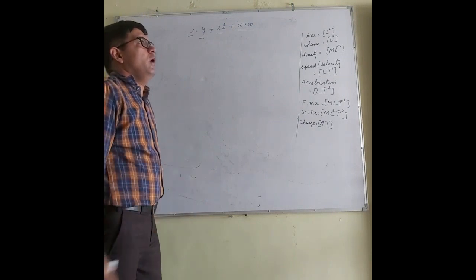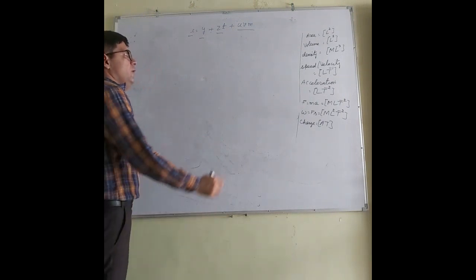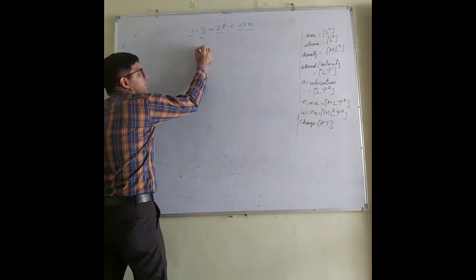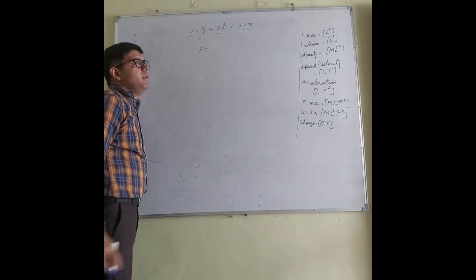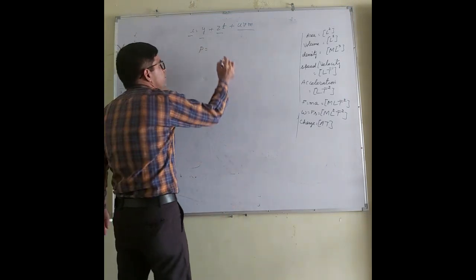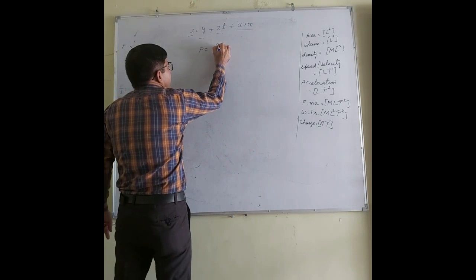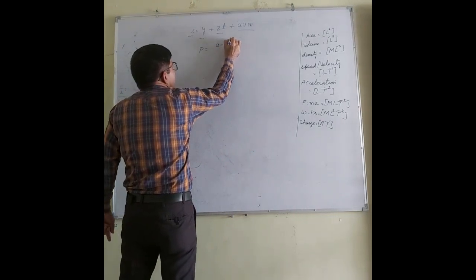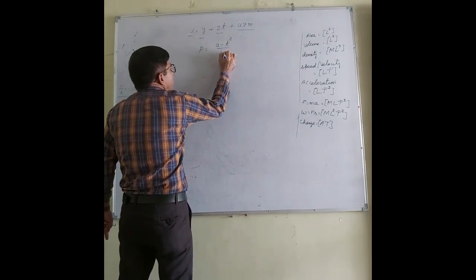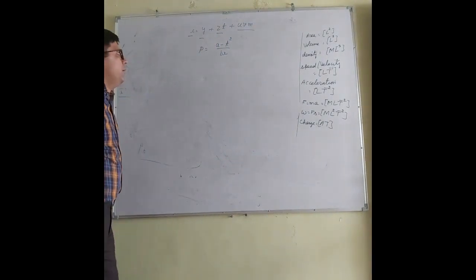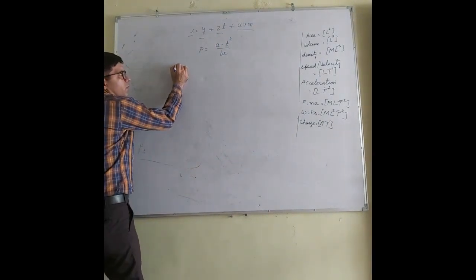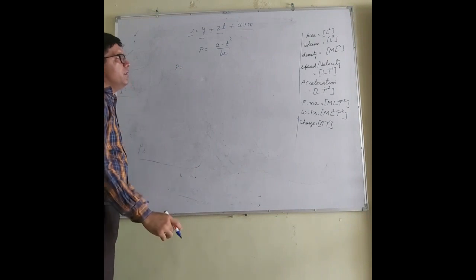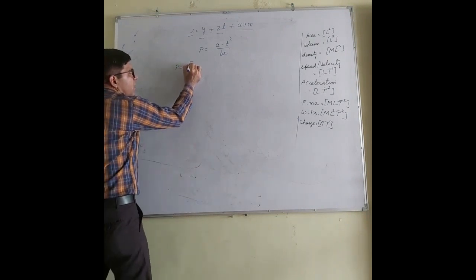Now let us do a question which is based on this. Pressure P is given to be A minus T square upon Bx. P here is pressure. So what is the dimension formula of the pressure? Force upon area.